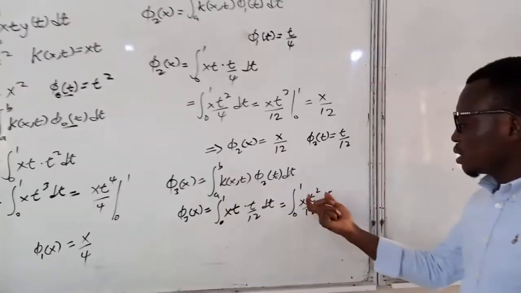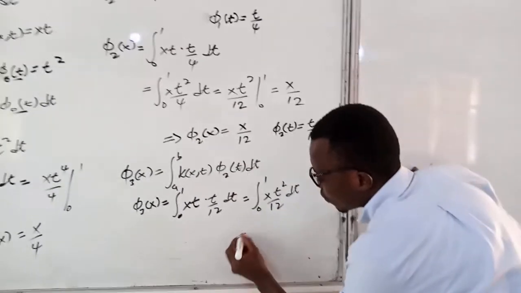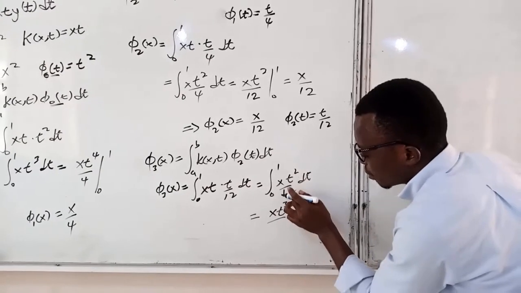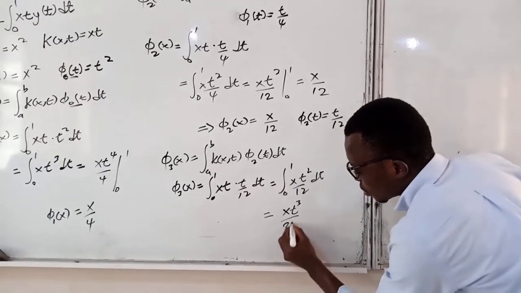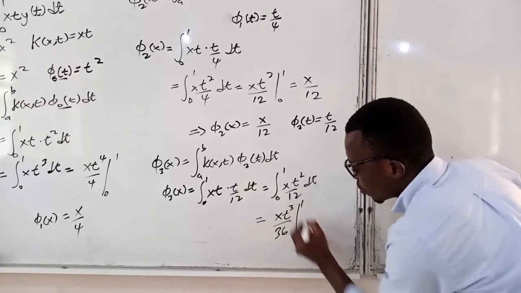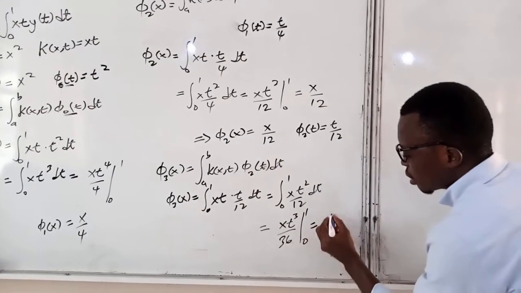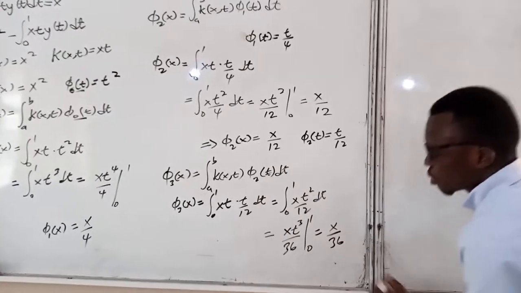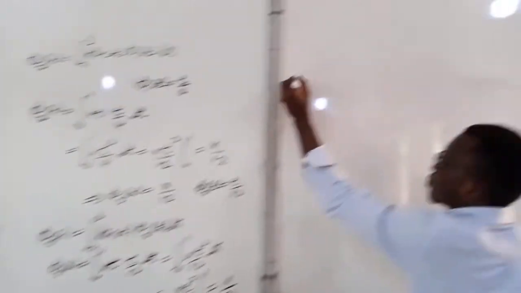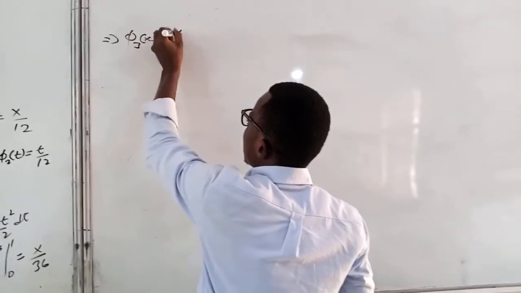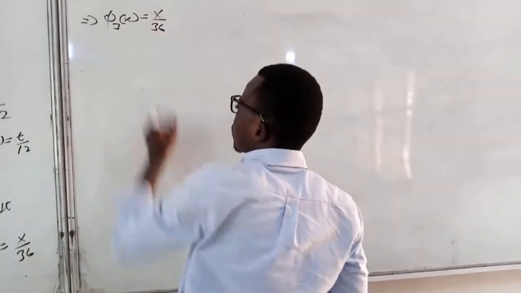Now if you integrate t squared, we're going to have st raised to the power 3, then this 3 times 12 will give you 36. Evaluated from 0 to 1, which is the same as s over 36. This implies that our phi 3 of s is the same as s over 36.